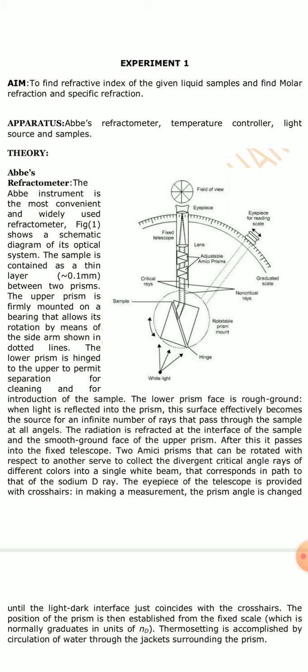The radiation is reflected at the interface of the sample into the fixed telescope through a prism that can be rotated to collect the divergent critical angle rays of the different colors into a single white beam that corresponds in path to that of the sodium D rays, and the eyepiece of the telescope is provided with crosshairs. In making a measurement, the prism angle is changed.